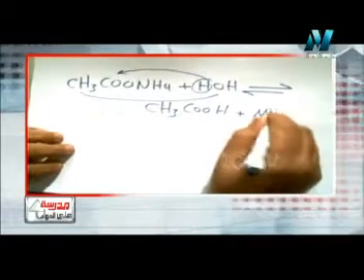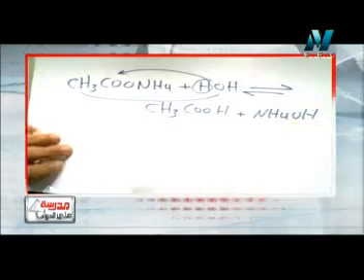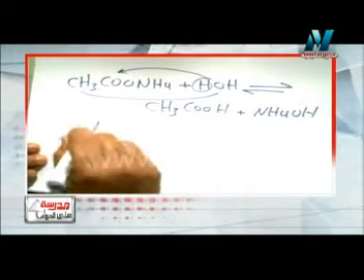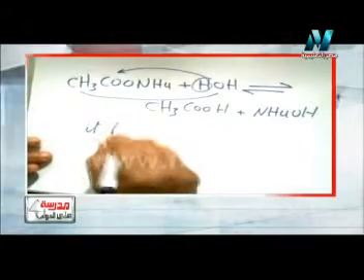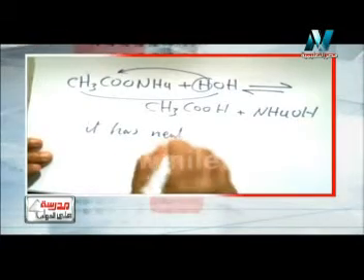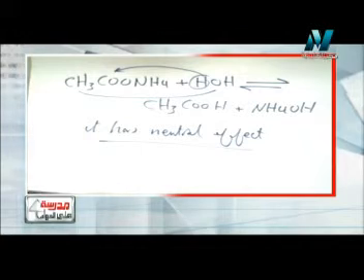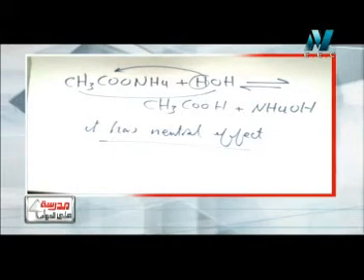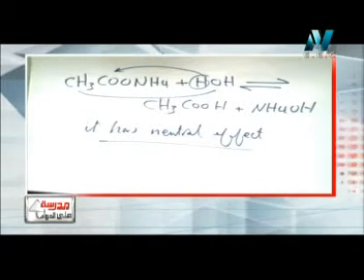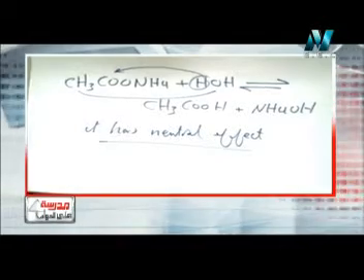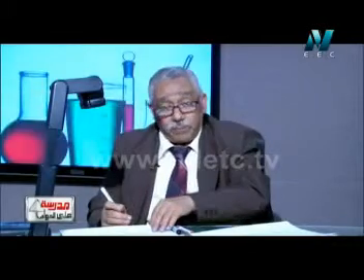And ammonium hydroxide, also a weak alkali. So it has neutral effect. Why? Because it comes from weak acid and weak alkali. So weak acid and weak alkali, or strong acid and strong alkali, will be neutral.